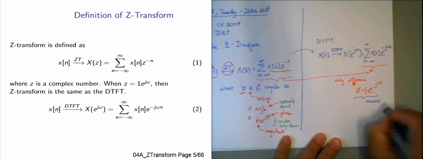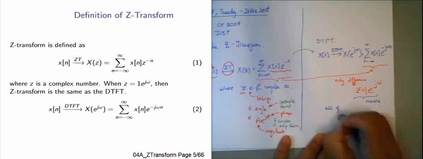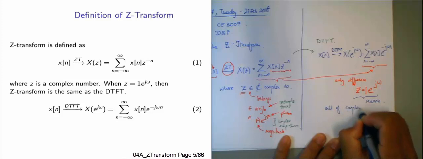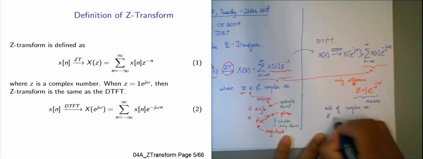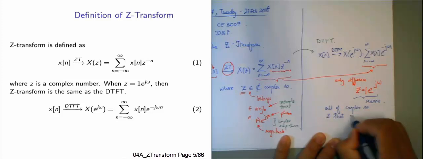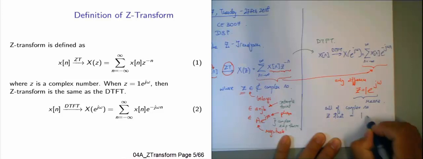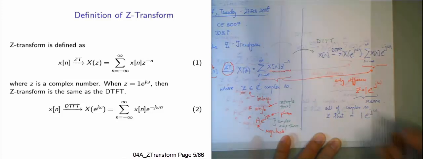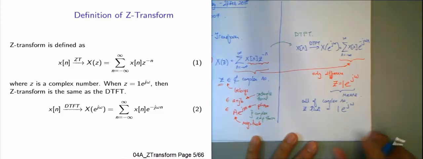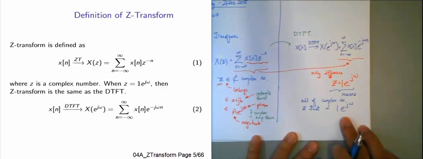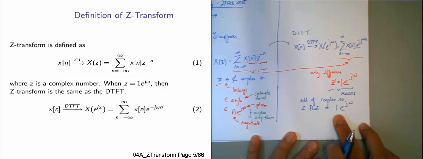It means all complex numbers z that are equal to 1 e to the j omega. Okay, so now what does this mean? 1 is already given to you, cannot change.